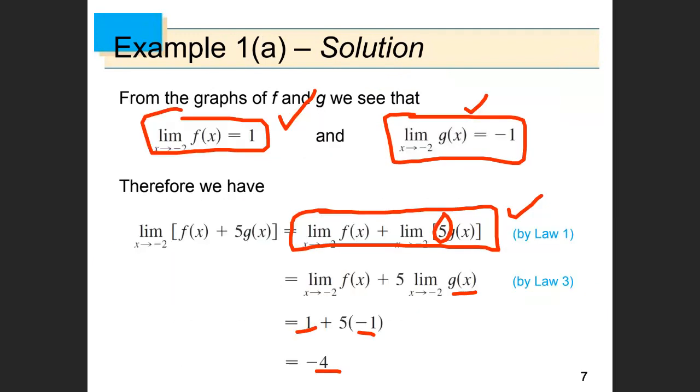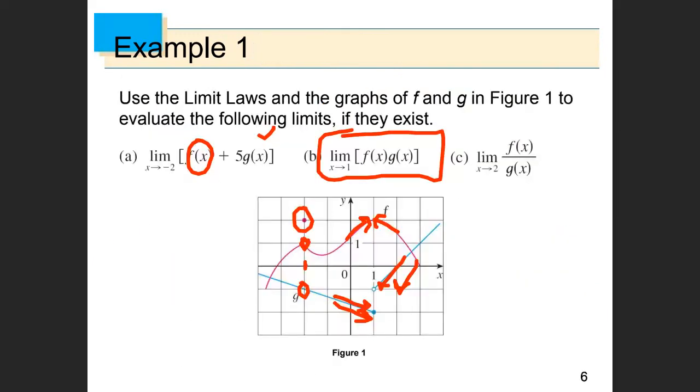All right, so the last one was the quotient one. So this one, we have the limit as x approaches 2 of f of x divided by g of x. Again, we know that the quotient rule says that you're going to take the limit up and the limit down. All right, it's going to be the limit of f divided by the limit of g of x. But there is a but.